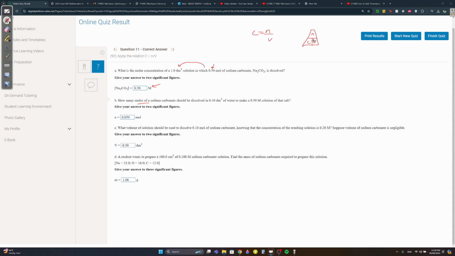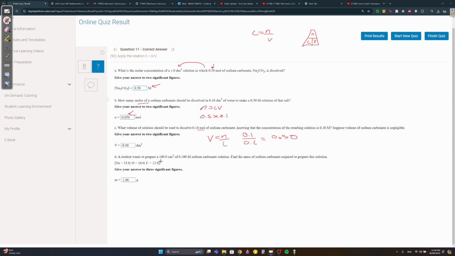N equals CV. So concentration 0.5 times the volume 0.1, 0.05. They want 2 SF, so add another 0 at the end. Then volume V equals N over C. The moles 0.1, concentration 0.2. You get 0.50 to two significant figures.